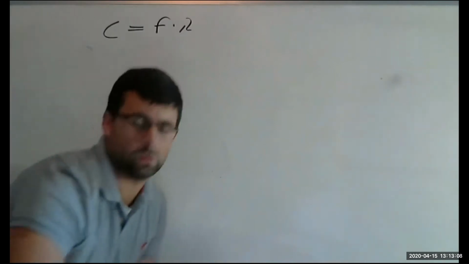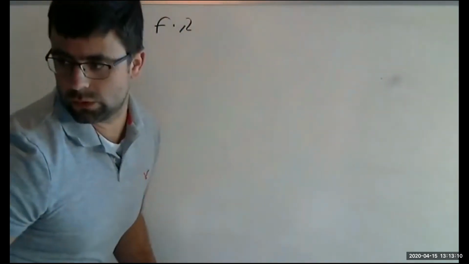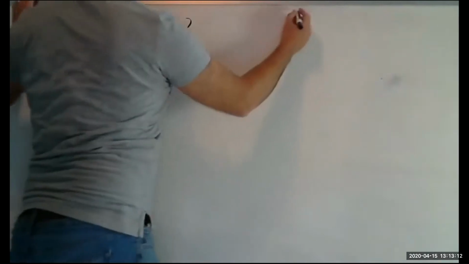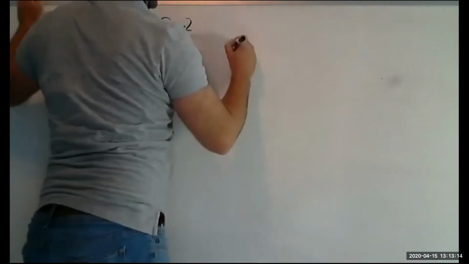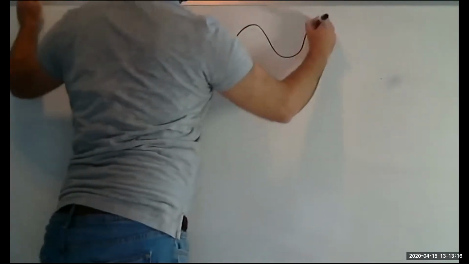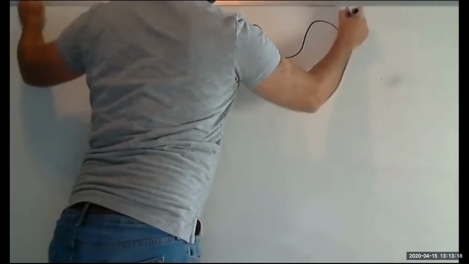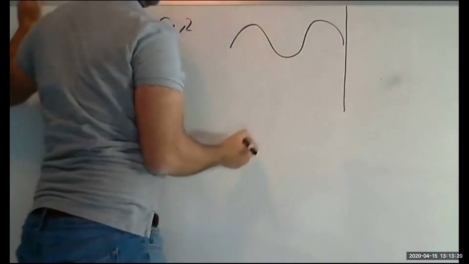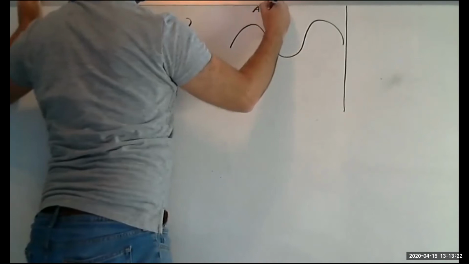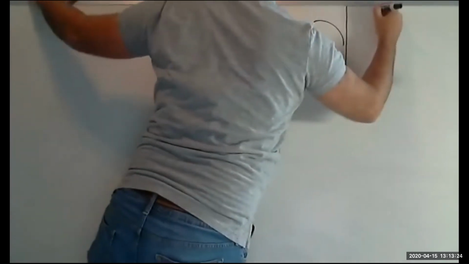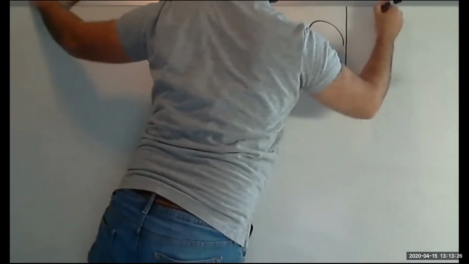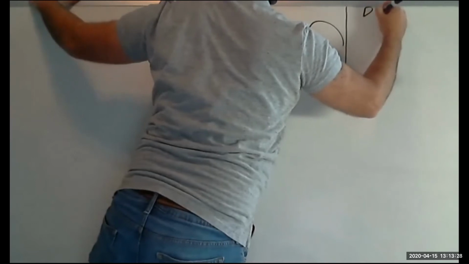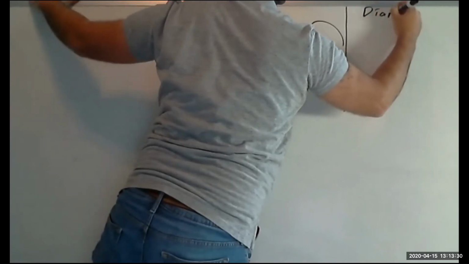So as light goes into a material, we'll say that this is air, and this is, we'll say, diamond, because it had a really large index.